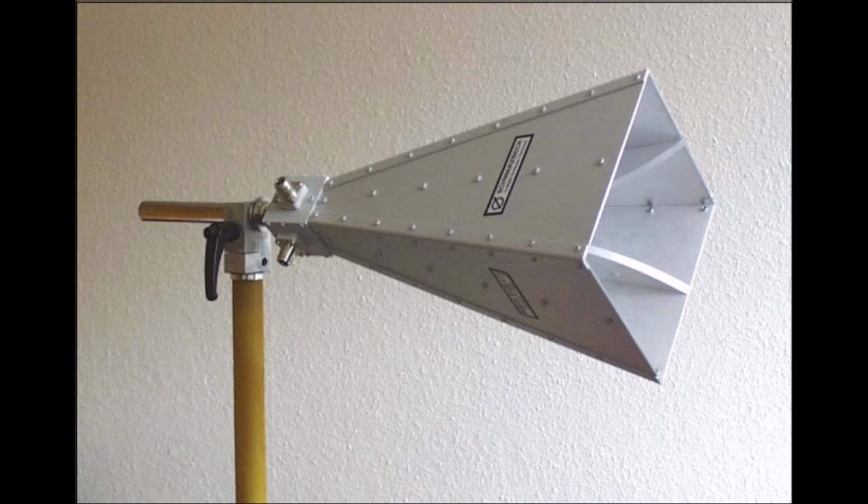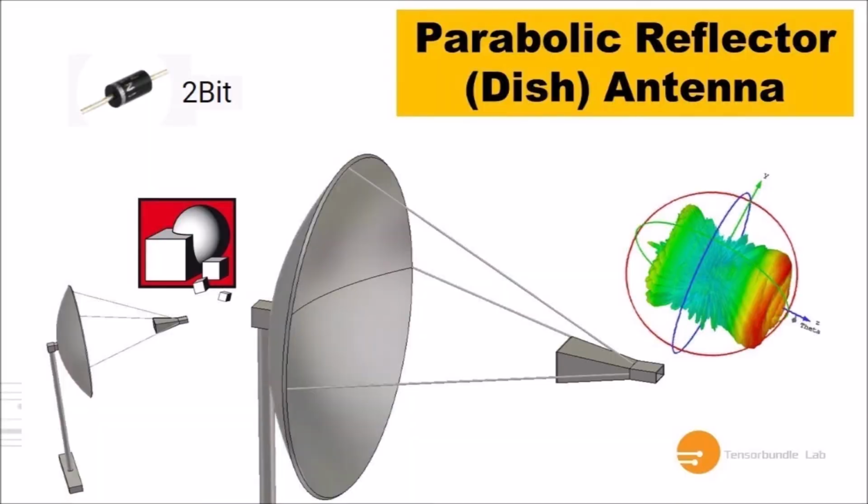By flaring the aperture of an open-ended waveguide, a horn antenna is obtained. The horn antenna is used extensively at microwave frequencies, both as feed antennas for parabolic reflectors and as the standard calibration antenna for gain.